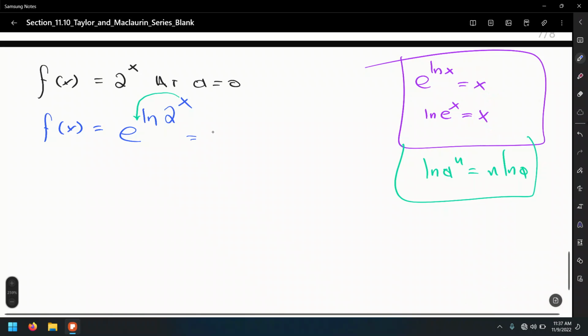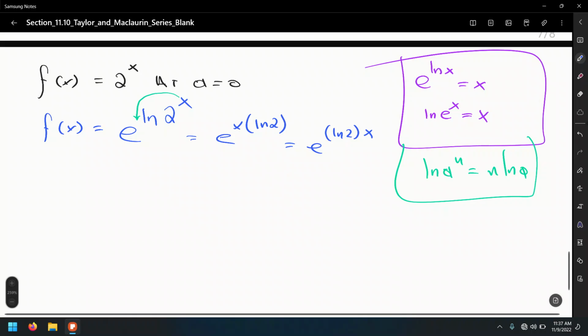And this is e to the x times ln of 2. However, that ln of 2 looks more like a numerical factor, so I will just reverse the order of the product here. And now we just turned that exponential function base a, other than e, into a natural exponential function.